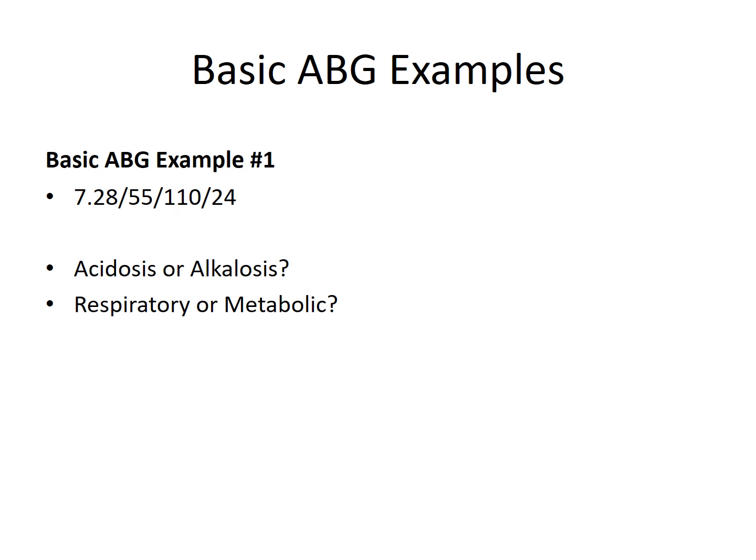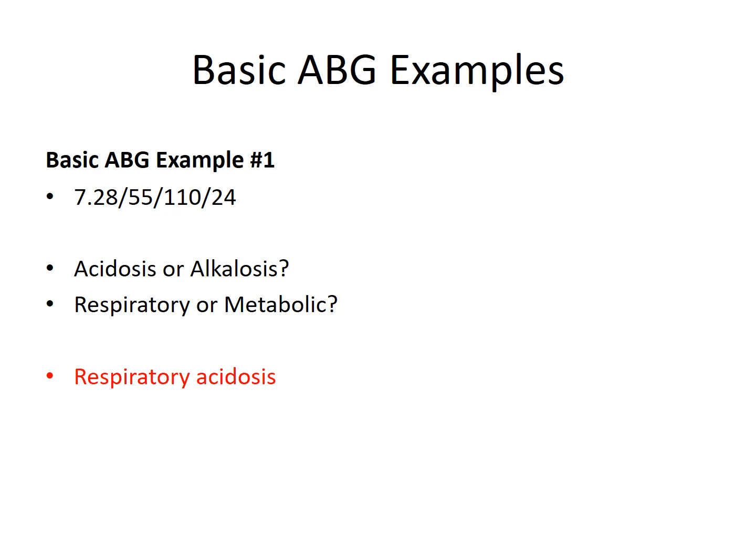Okay, the first step, determine whether the primary abnormality is fundamentally acidosis or alkalosis. So which is it? Second step, determine the type of primary abnormality in this blood gas. If you said that this ABG is a respiratory acidosis, you're right.